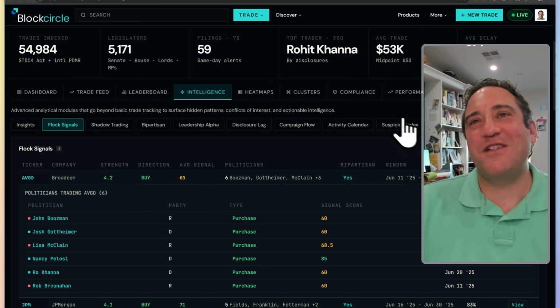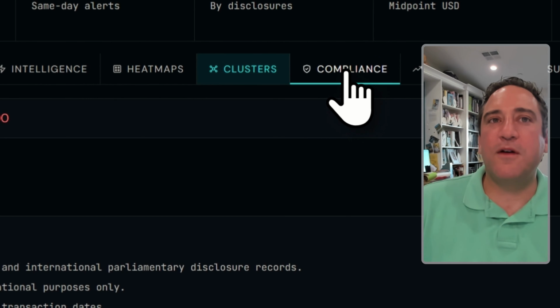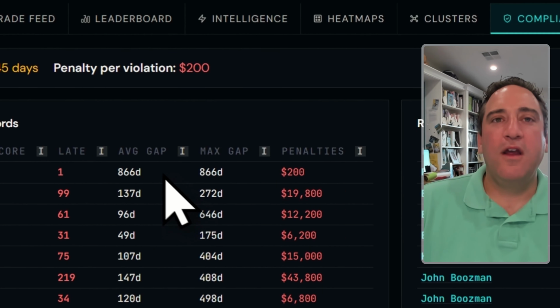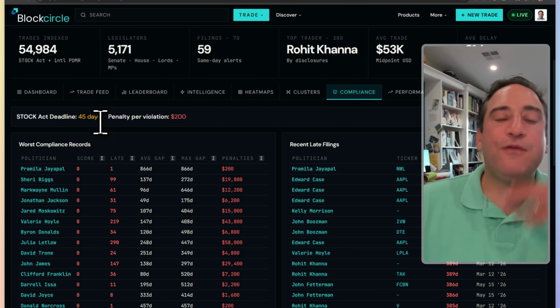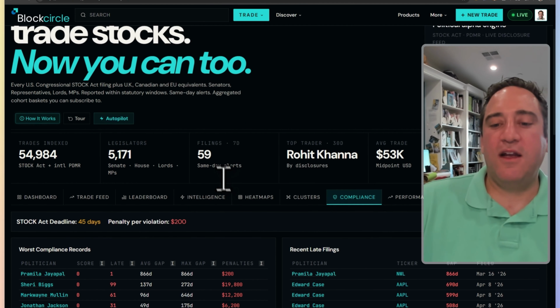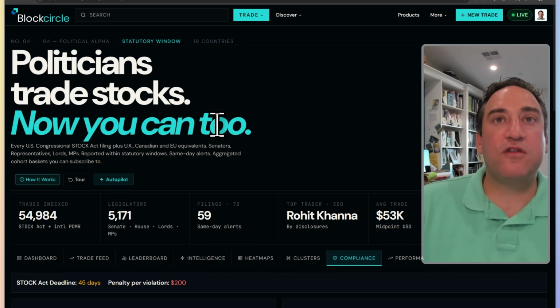This is where it gets interesting. Then there are heat maps where you can look at it by sector and by cluster. Compliance is the part where you see how late people usually are, and usually it's a penalty of $200 after you surpass the 45-day delay. So hopefully this makes sense. Political alpha is extremely powerful.